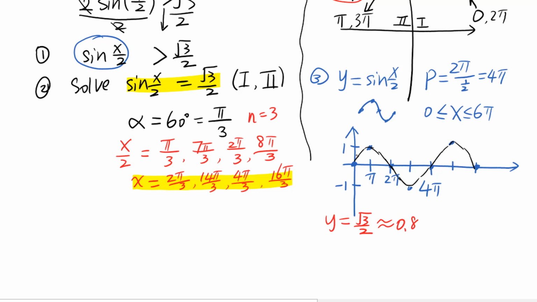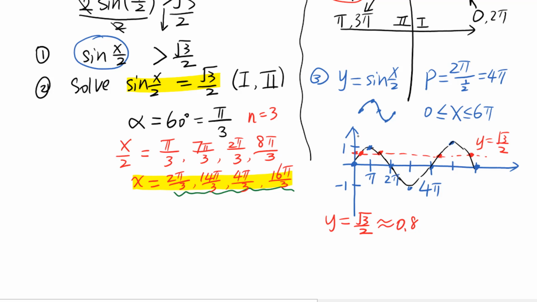So 0.8, we assume here, we will draw like this. You will get 4 intersections. This is y equals square root of 3 over 2. These 4 intersections will be these 4 solutions.